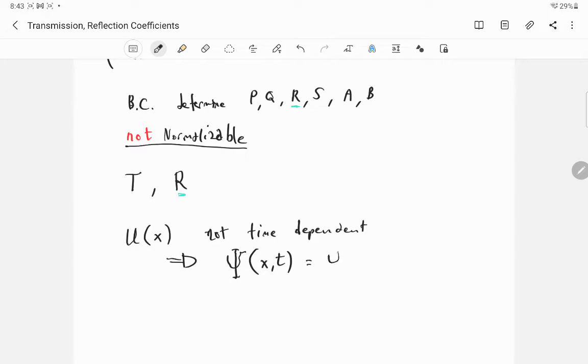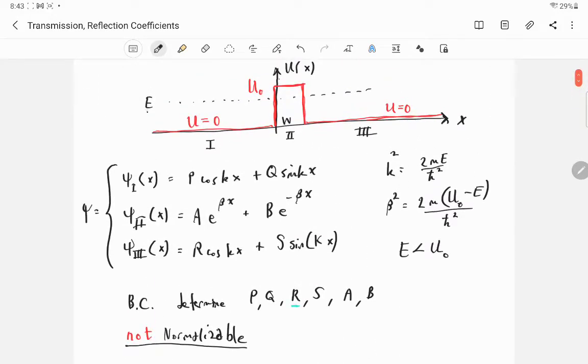It's just simply find the time-independent solutions and then multiply by e to the minus i omega t, where omega is E over h bar, where E is the energy we're talking about right here.